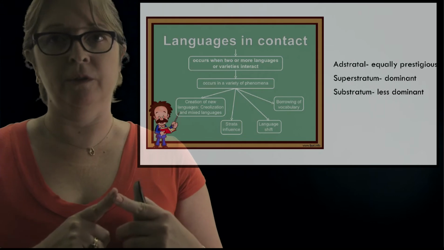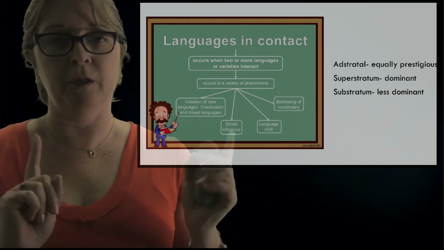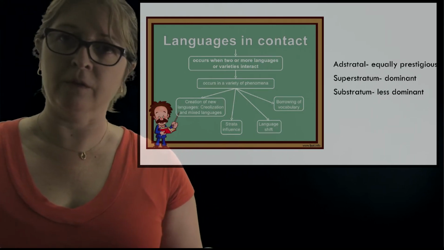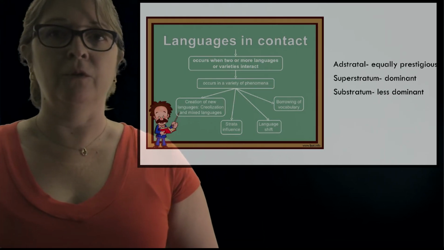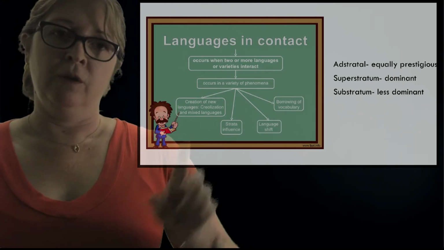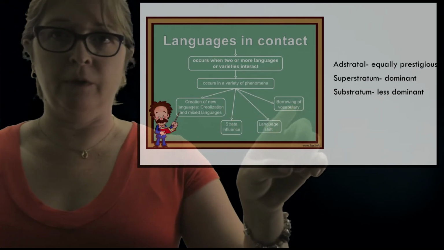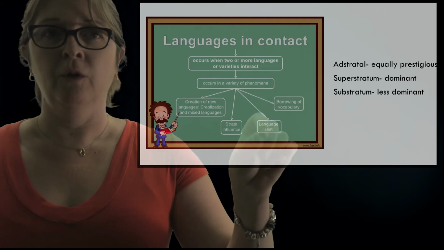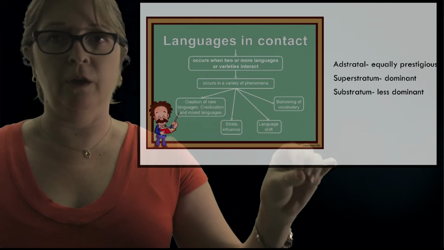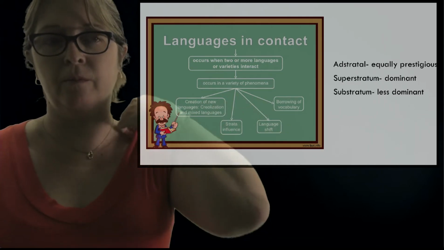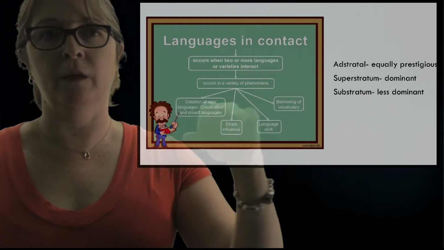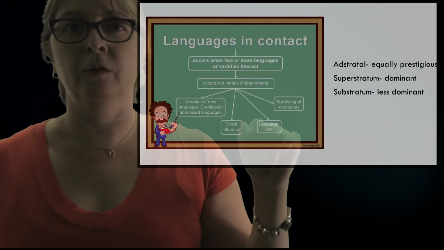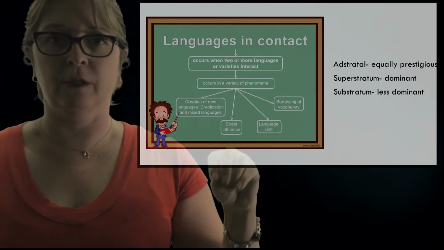So languages in contact: when two people who speak two different languages interact, certain things are possible. You could just borrow vocabulary. You can have a language shift where one language or the other is dominant. So you have superstratum, which is the dominant language, and substratum, which is the less dominant.